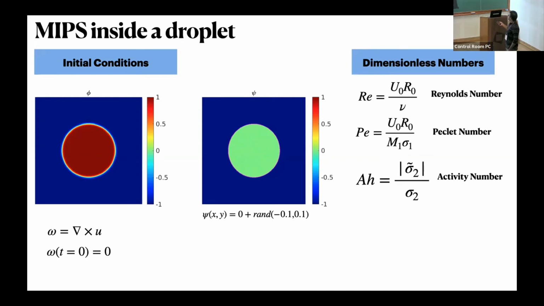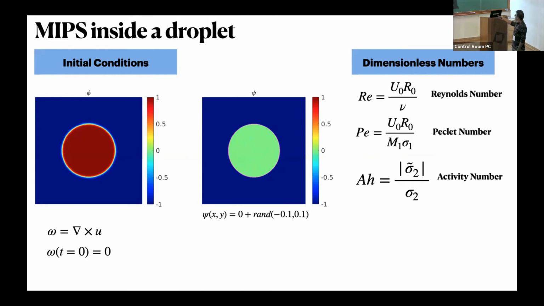We define some dimensionless numbers here. One is the Reynolds number, which is inertia divided by your viscous term, using some RMS velocity of the droplet and R0, the initial radius of the droplet.